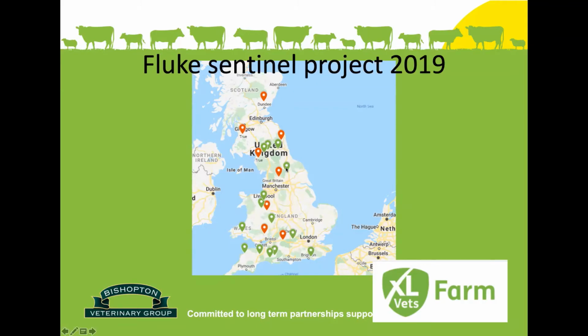So our one in Bishopton, we didn't get a positive. So what that illustrates is, usually these sheep will have been treated, say, pre-tupping with a triclabendazole treatment. They may have also been treated again since then. And for those farms that didn't have positives, this would have been a waste of money and a waste of time.